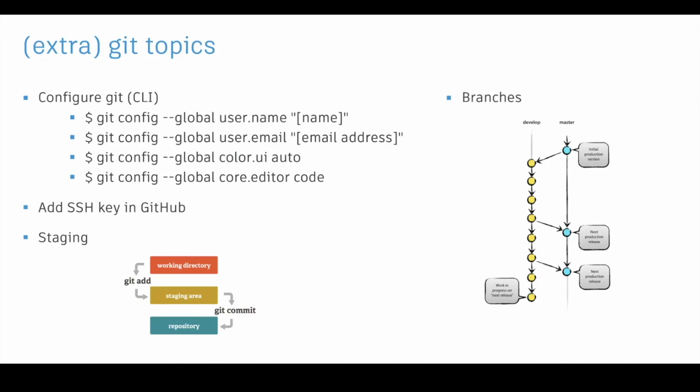In order to finish, I think it is worth mentioning some extra Git topics, in case, for example, you don't want to use the GitHub client, you want to use the command line interface directly, or you want to get access to other advanced topics.